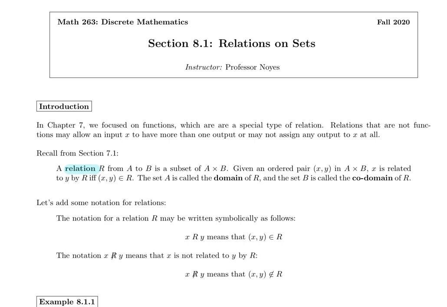If we write x R y, that means that the ordered pair (x, y) is in the relation R. It means that x is related to y by R. The notation x, then R with a slash through it, then y, means that x is not related to y by R, meaning the ordered pair (x, y) is not in R.